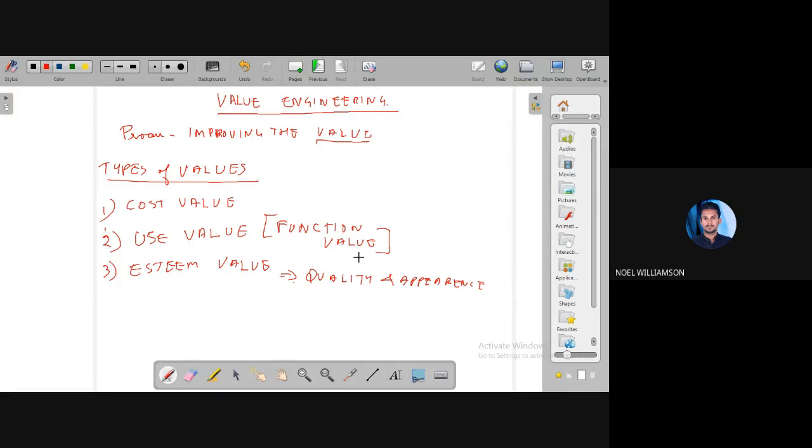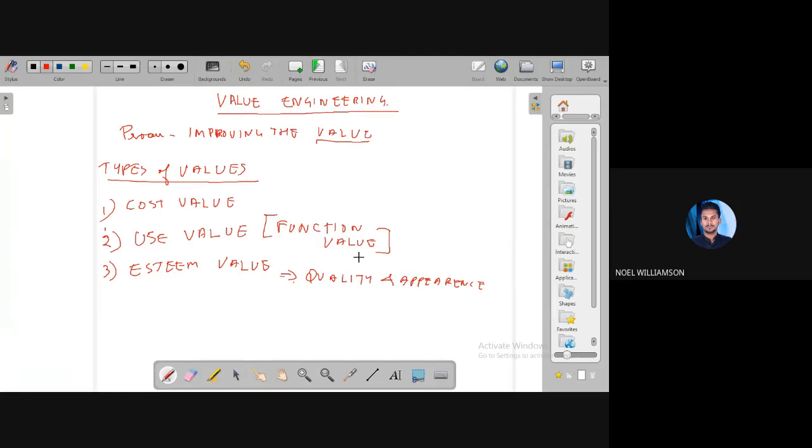For example, suppose you want a car, both a Hyundai i10 or a Mercedes Benz can be used, but sometimes we may choose the Mercedes, even if the cost is high, because of the luxury appearance or ease of driving.